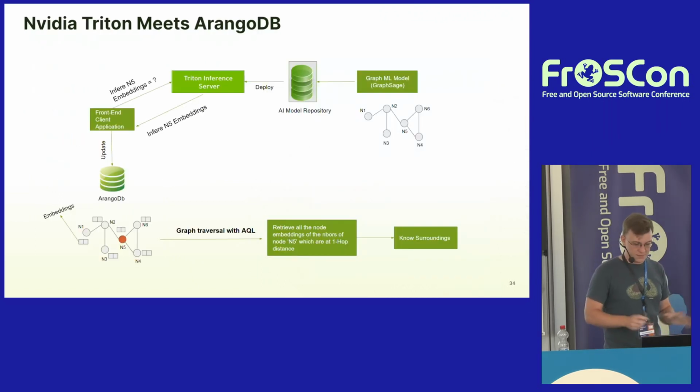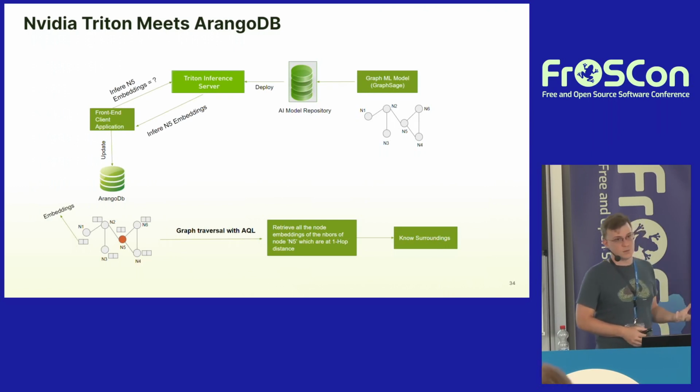And then this is the really basic roadmap that we have for where to take machine learning with graph databases. We actually partnered with NVIDIA, working with their Triton inference server. This is a server that allows you to serve multiple machine learning models from a single server.